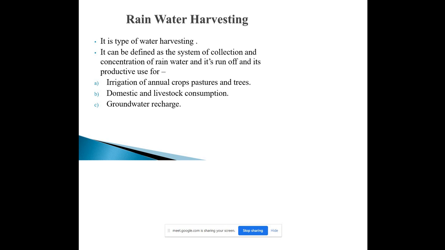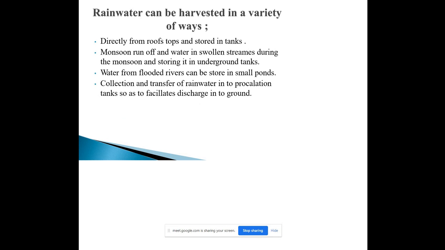How can we do rainwater harvesting? Simply, using our rooftops and ponds, etc. And there are generally two methods of doing rainwater harvesting. The first one is rural, and the second one is urban.